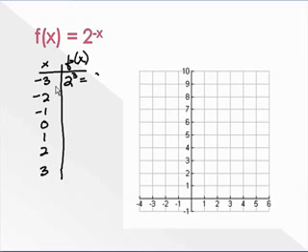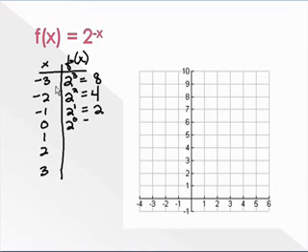2 times 2 times 2 is 8. So we're putting in a negative 2 for the x. The opposite of negative 2 is positive 2, so we want 2 squared, which will give us 4. This will be 2 to the positive 1, which is 2. Here we get 2 to the 0.